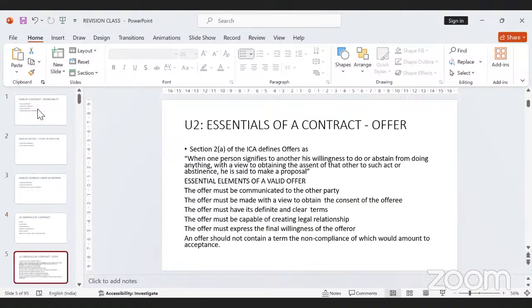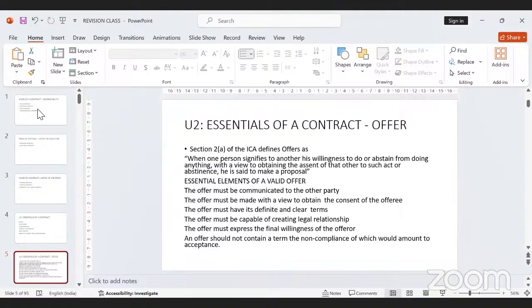Then what are the essential elements of a valid offer? This is also important. So what are those essential elements? The first one is that the offer must be communicated to the party. That means as long as an offer is not communicated to the party, it is not an offer. For example, I want to sell my house to B. I have that thought in my mind for 1 month, but I am not telling it to B. As long as I don't tell it to B, it is not an offer.